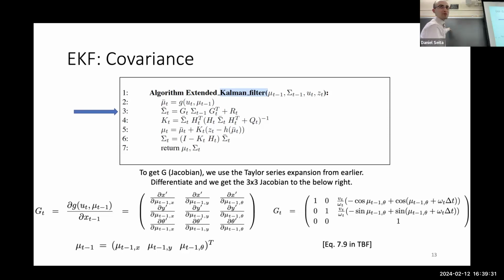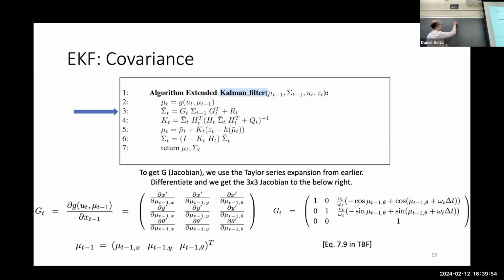Now, I don't have much room here, so I'm going to try to... All right, and this is d x prime over d. What is x prime?